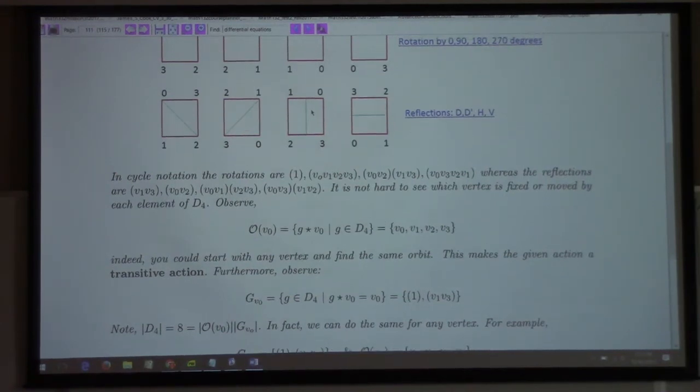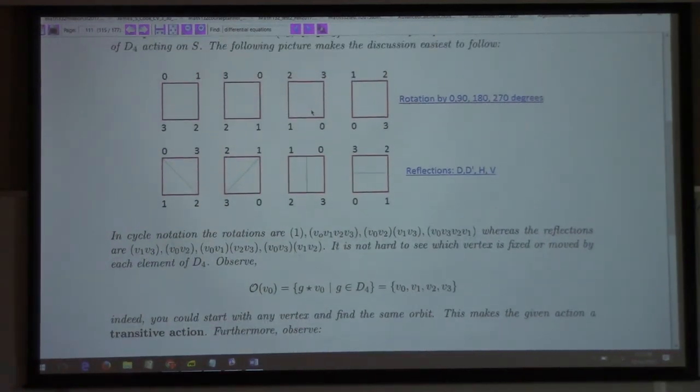Which one is that up in the picture? Lower left. So this is the zeroth. So this upper vertex is fixed under that reflection, right? We agree. So the stabilizer of the zeroth vertex is the identity and that particular reflection.